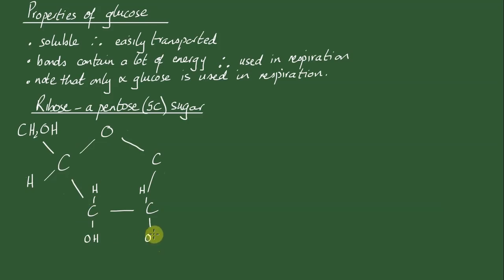And again, I'm going to number the carbons 1, 2, 3, 4, 5: 4 of them in the ring structure and 1 outside of the ring. The significance of this sugar is that it is used in RNA, ribonucleic acid, the cousin of DNA.